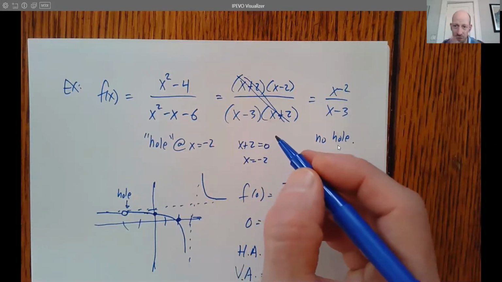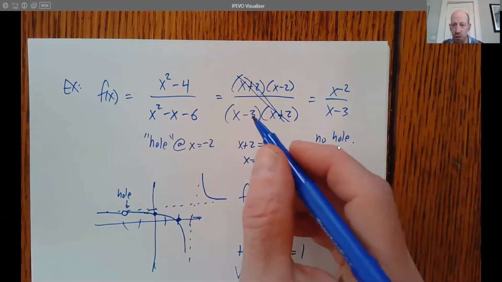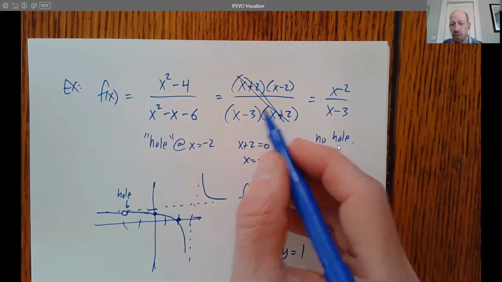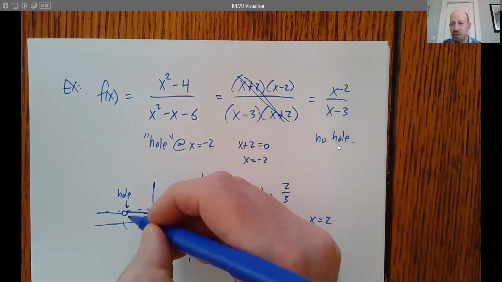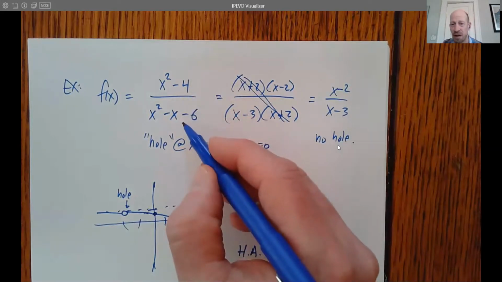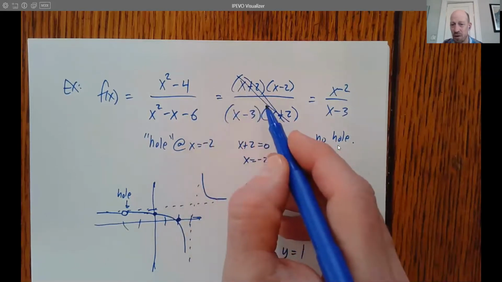So like that's how you find it and write it down. The reason why it creates a hole is because the function is not defined there. I can't put 0 into this function because it makes the bottom 0. But it doesn't create a vertical asymptote because the top is doing the same thing.